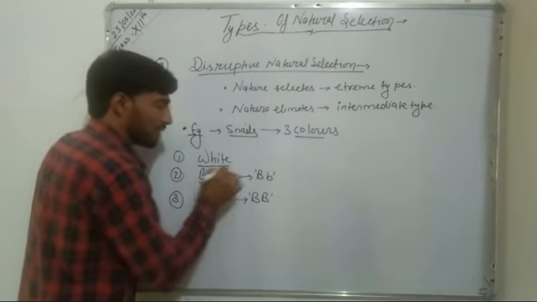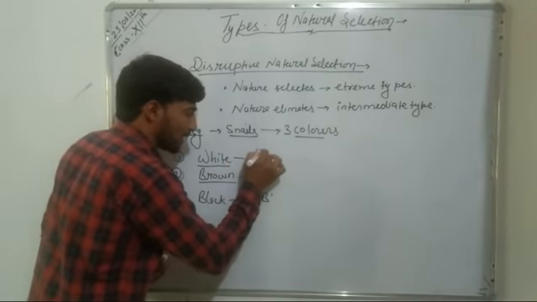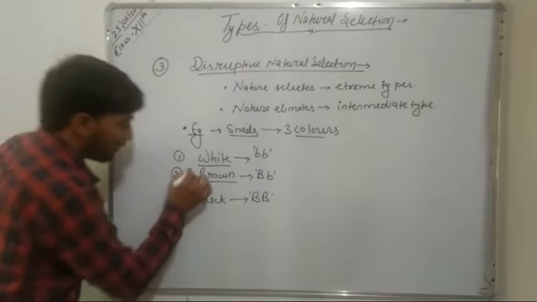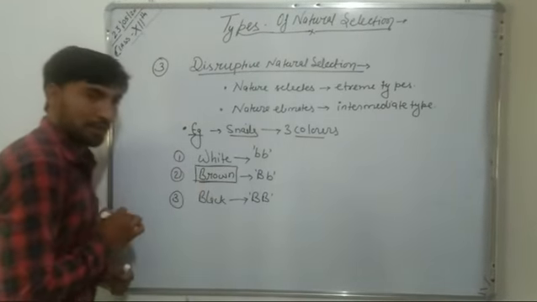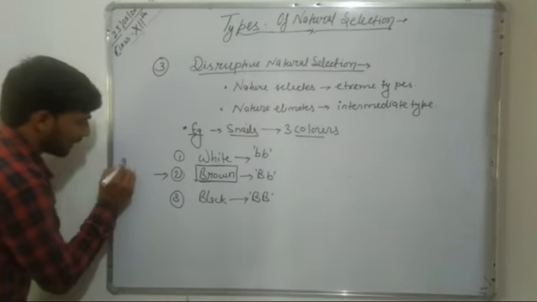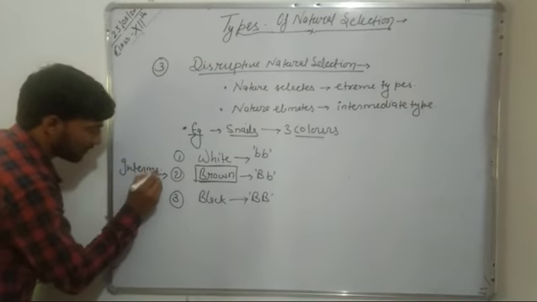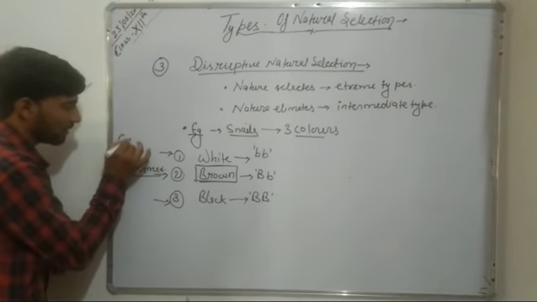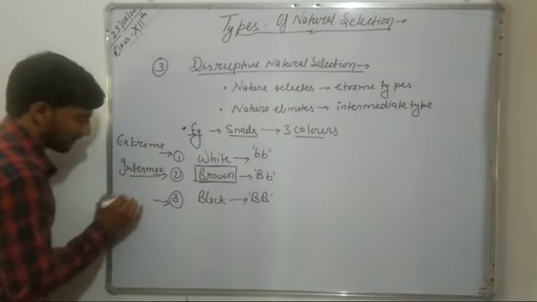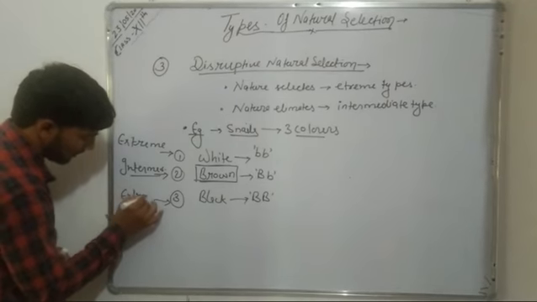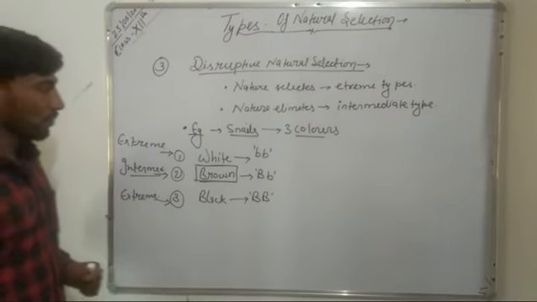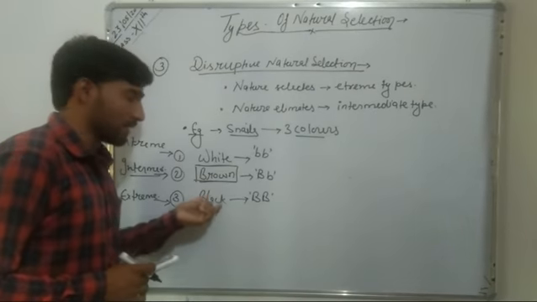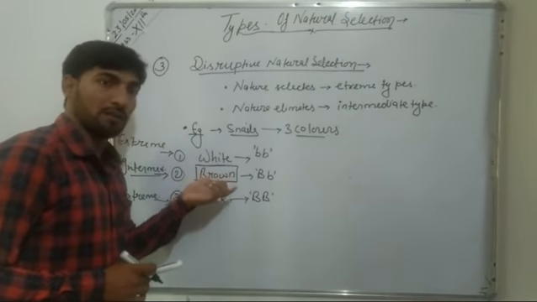And white, it is a recessive color, the genotype is small b and small b. Now in this case, the brown color is an intermediate condition, and the white color and the black color are extreme type conditions. So the nature will select the extreme conditions and it will eliminate the intermediate condition.